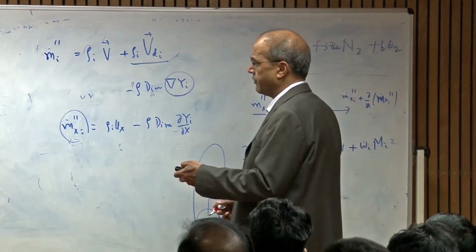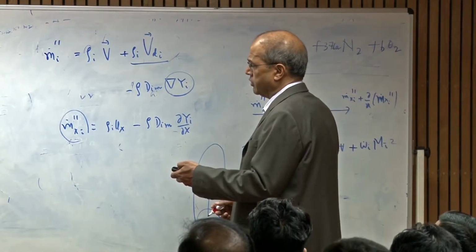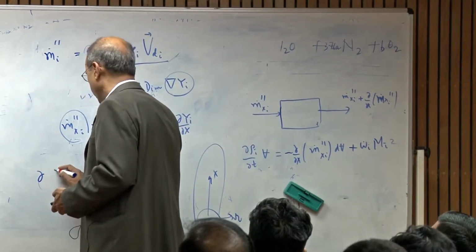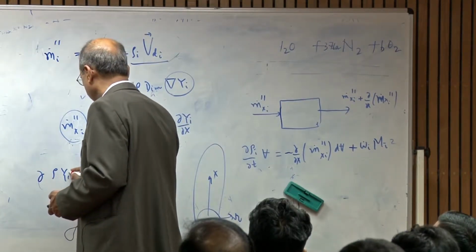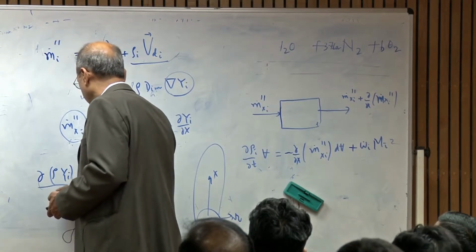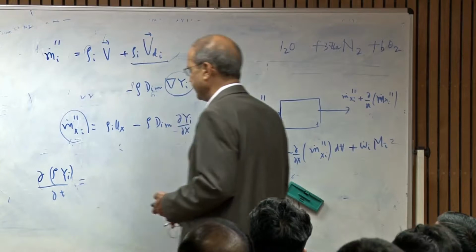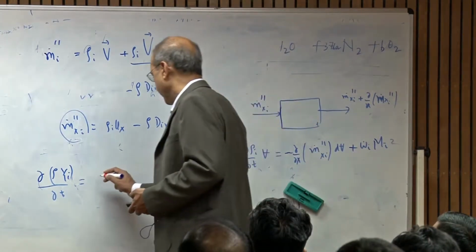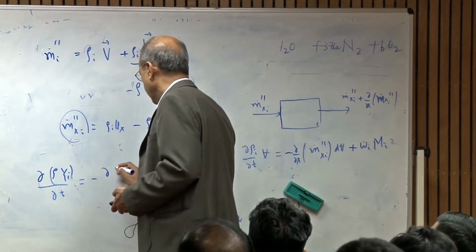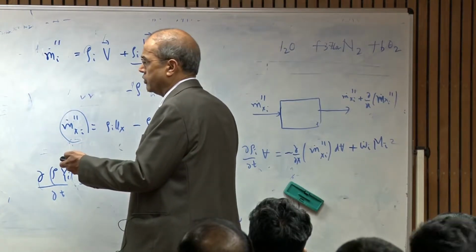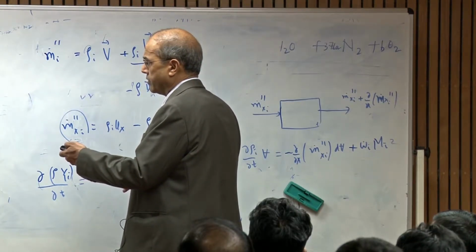So then the 2-dimensional form of this equation will be, so rho I you write as rho yi dt. Then on the right hand side, you'll have minus. So now we write it using this form. Okay.